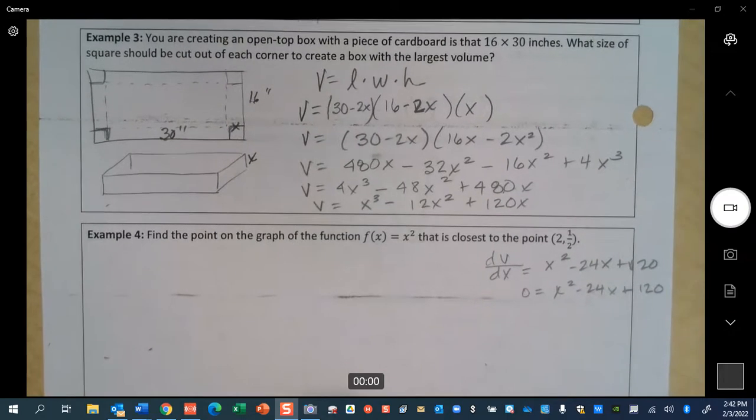Oh, why do you have 2x? Minus 2x. Because this length originally was 30, but I lost an x here and I lost an x here. So whatever x is worth, I'm losing twice that on my length. And the same thing happened with my width.